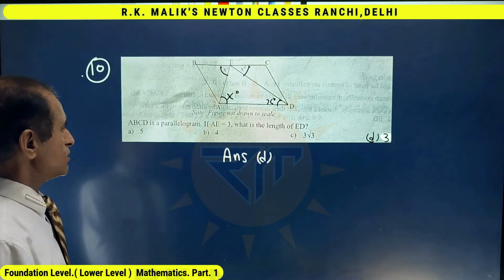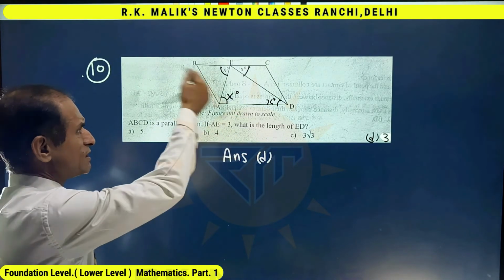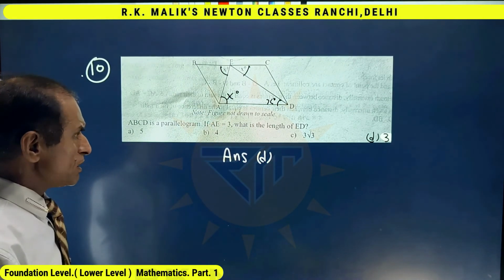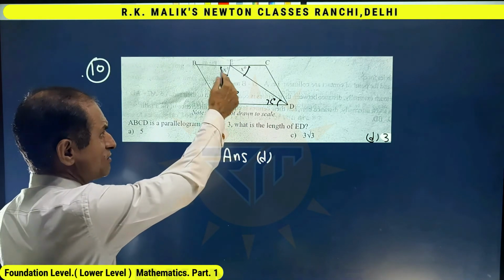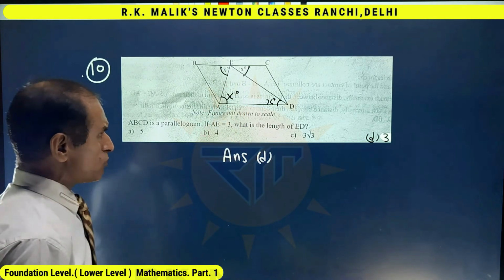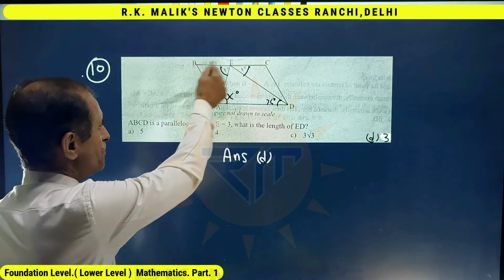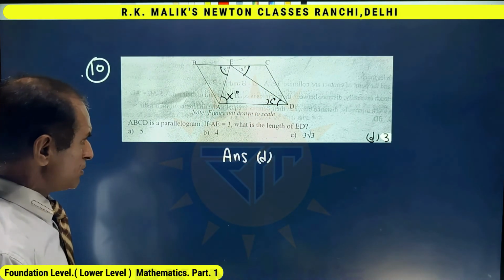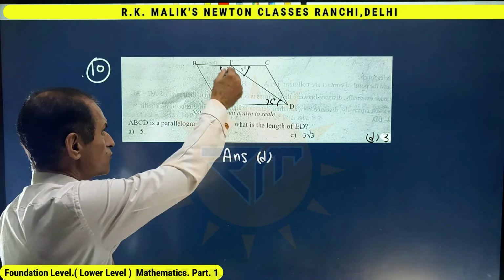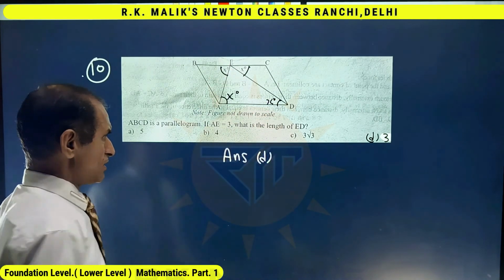Now, in this question, it is given that ABCD is a parallelogram, AE is equal to 3, and these two angles are equal. That is, BEA and CED are equal. We have to find the length of the line segment ED.